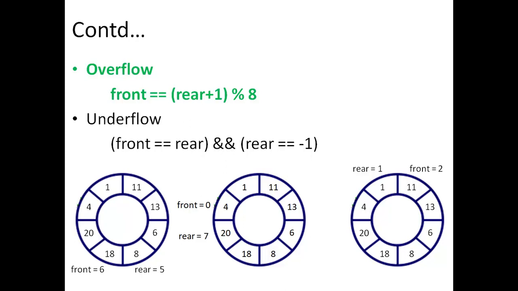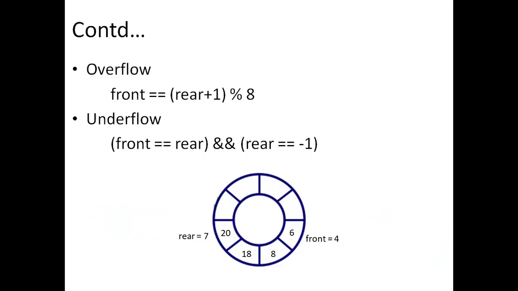Next, we will discuss how to update the front and rear pointers. So, let's say at any moment of time, we have a circular queue like this, as is shown in the current slide. Here, front is equal to 4, that is, it is pointing at index 4, and rear is pointing at index 7.